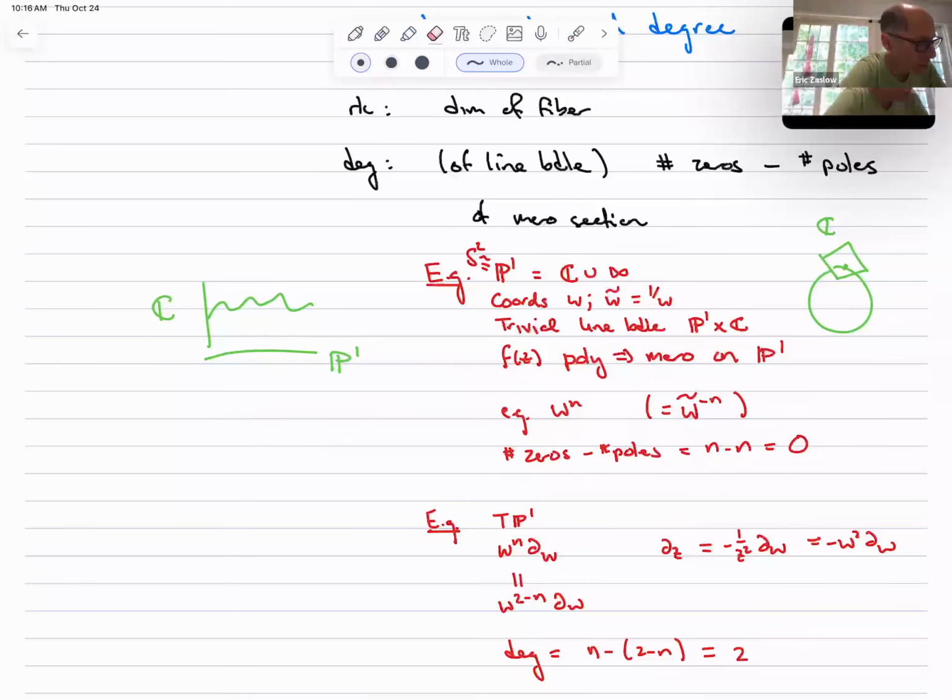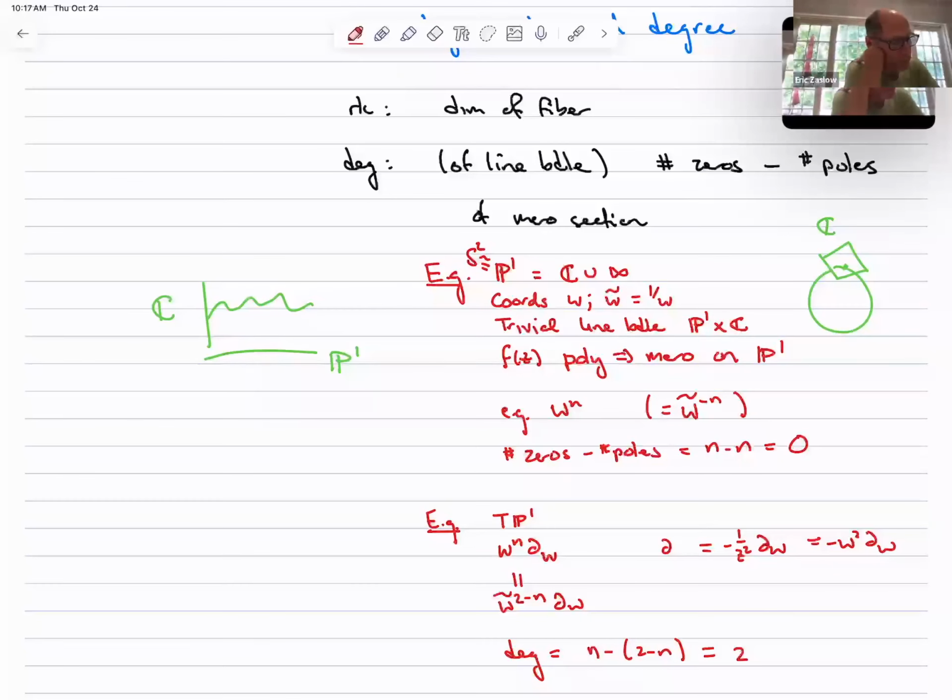Okay, so W, let's take a meromorphic vector field. So that would be W to the N times the directional derivative in W. Oh, this is a bit of a mess because of the change in notation.